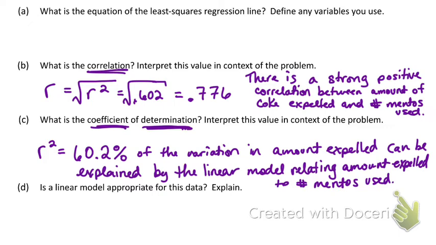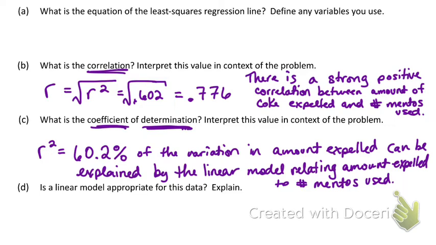So in this particular unit, Unit 3, there's a lot of sentences, a lot of interpretations. That was on that sheet that I gave you guys last week that had all the different interpretation sentences on it. Out of those, there's about 2 or 3 that are pretty specific. I would say slope is fairly specific, making sure you're always saying for every increase of 1 in the x, there's a change in the y or whatever.